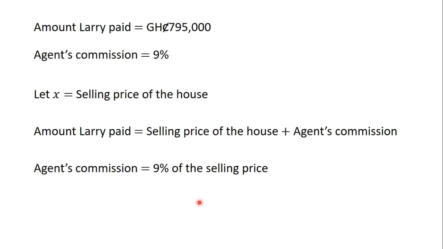So it means that the agent's commission will be 9% of X, which will give us 9 divided by 100 times X, which is the same as 0.09X. So now we know the total amount Larry paid to be 795,000 Ghana cedis. The selling price of the house is X, and the agent's commission is 0.09X.